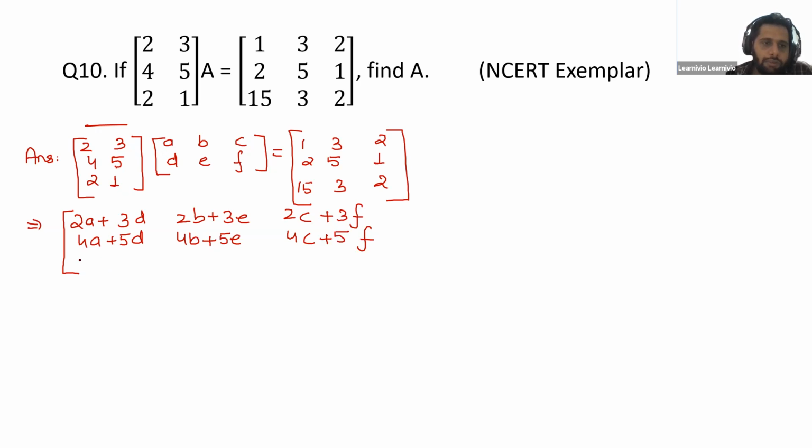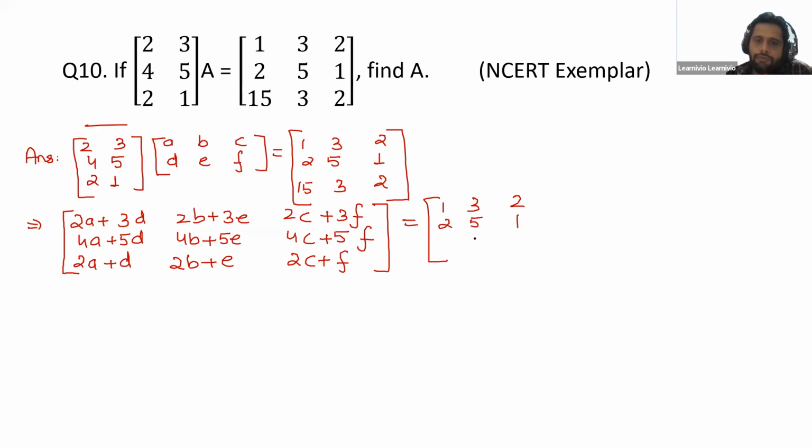Next, 2A plus D, 2B plus E, 2C plus F. And these all are equal to this: 1, 3, 2, 2, 5, 1, 1, 3, and 2.